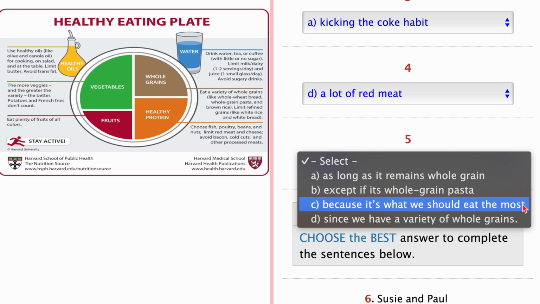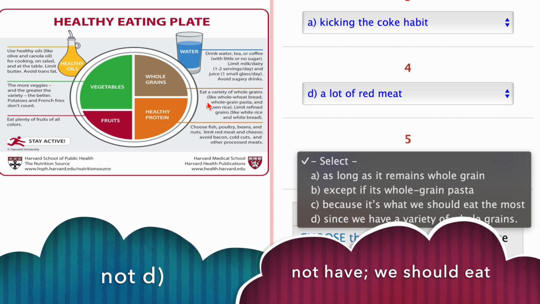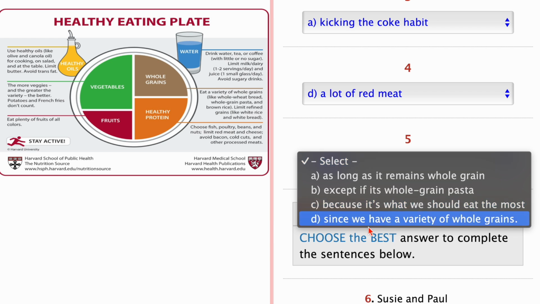And as long as it remains whole grain, since we have a variety of whole grains, so it's not D, right? It doesn't say since we have, it says since eat a variety of whole grains, like, for example, bread and pasta. So we don't know if we have a variety.